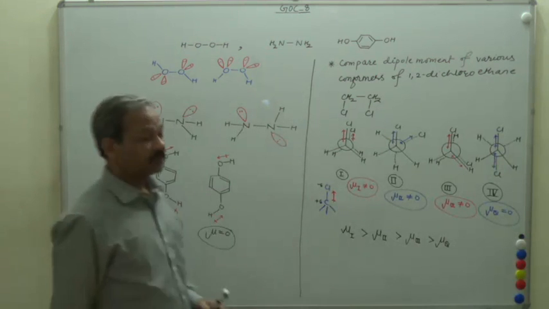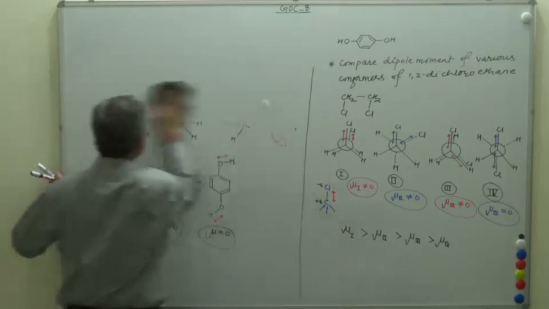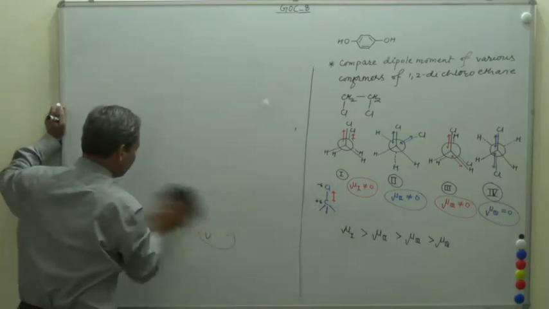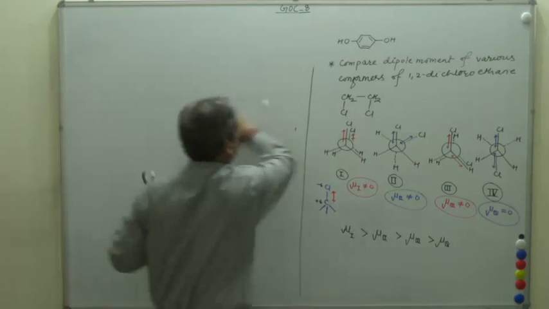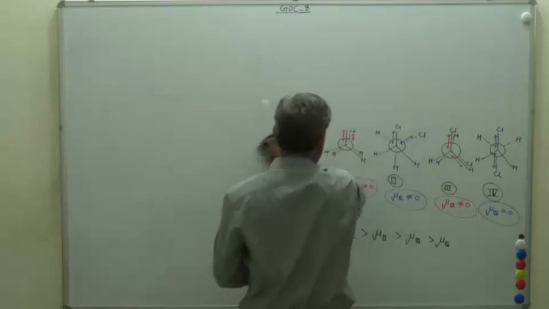Now cyclic compounds also exist in various conformeric forms because of non-planar ring structure.